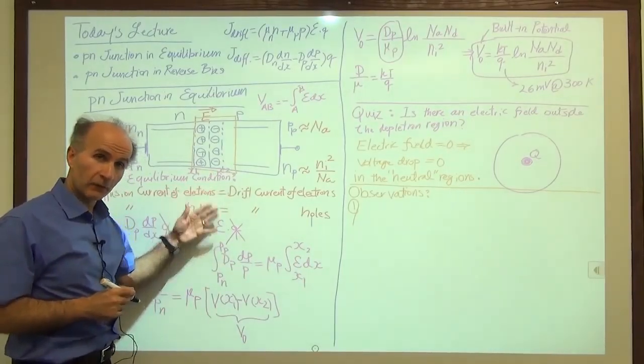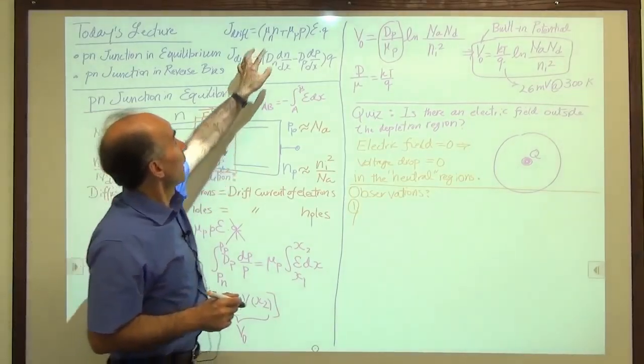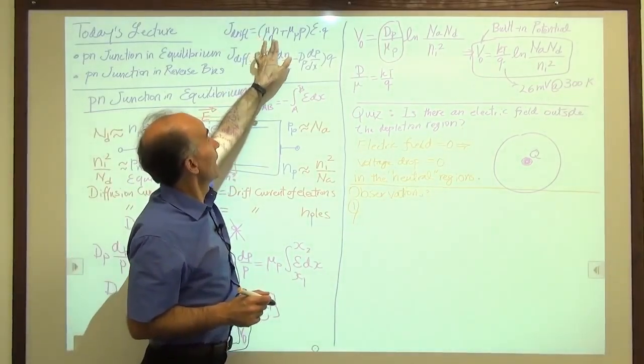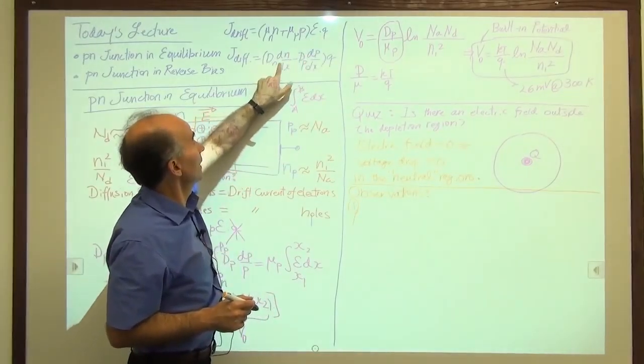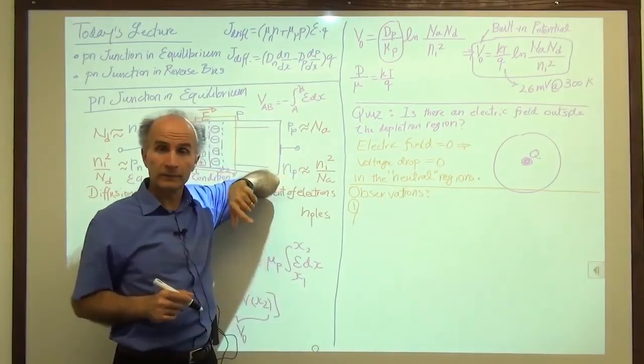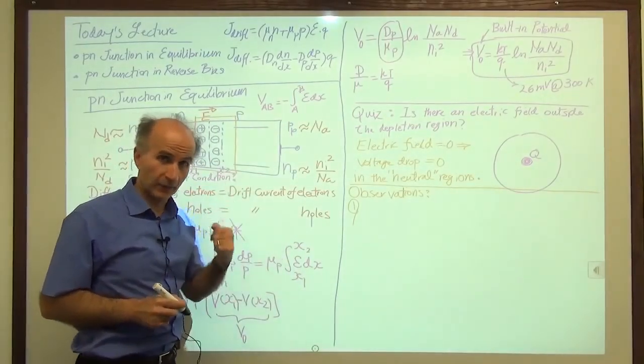What happens if I repeat this analysis for the electron currents? So by equating this one, mu n n e q, to this one, dn over dx q. Well, you can carry out the calculations, and it turns out that you get exactly the same result.